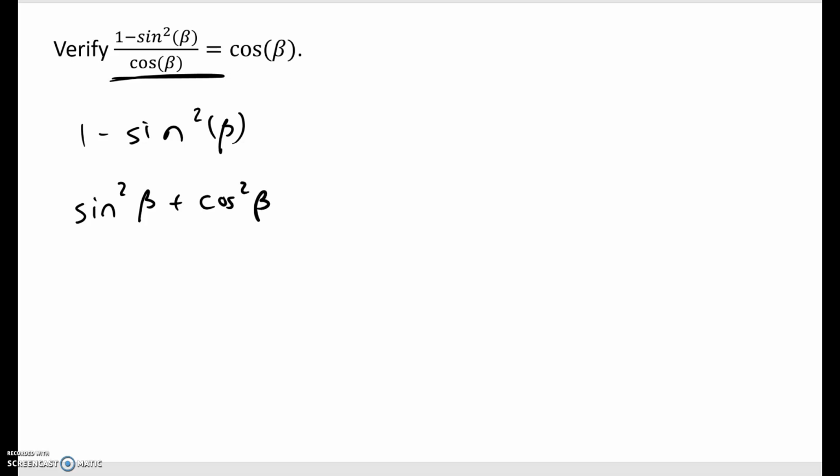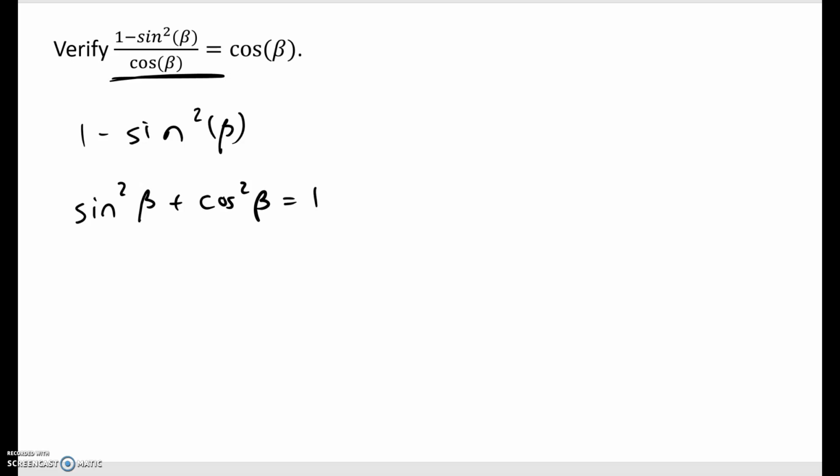Okay, if we look at this one, verify 1 minus sine squared of beta over cosine of beta is equal to cosine of beta. We'll start with the more complicated side, and this is definitely the more complicated side. Now, I want to take a look at this right here. Now that looks a lot like our identity of sine squared of beta plus cosine squared of beta is equal to 1.